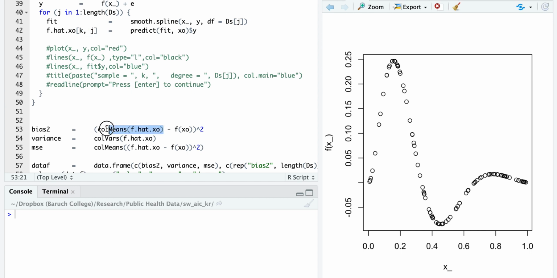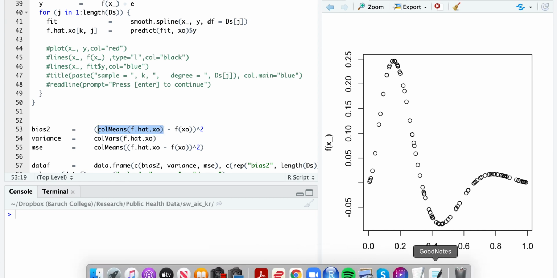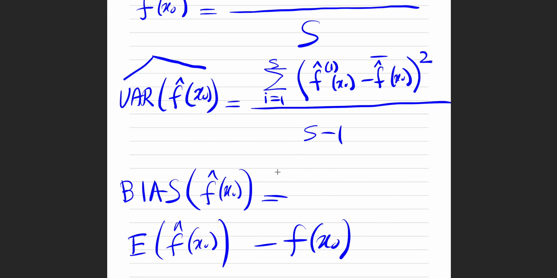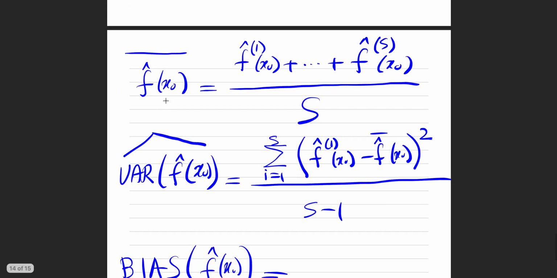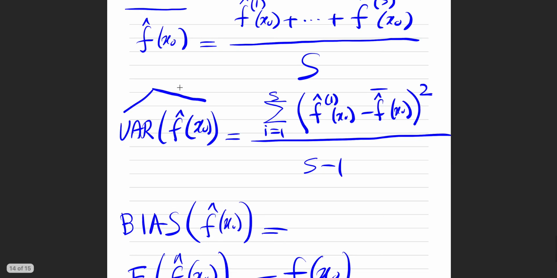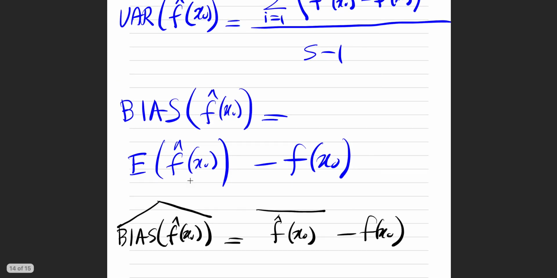So this will be an expected value of f hat xo. This column means f hat xo is the sample mean, which is supposed to be an estimate of this expected value.